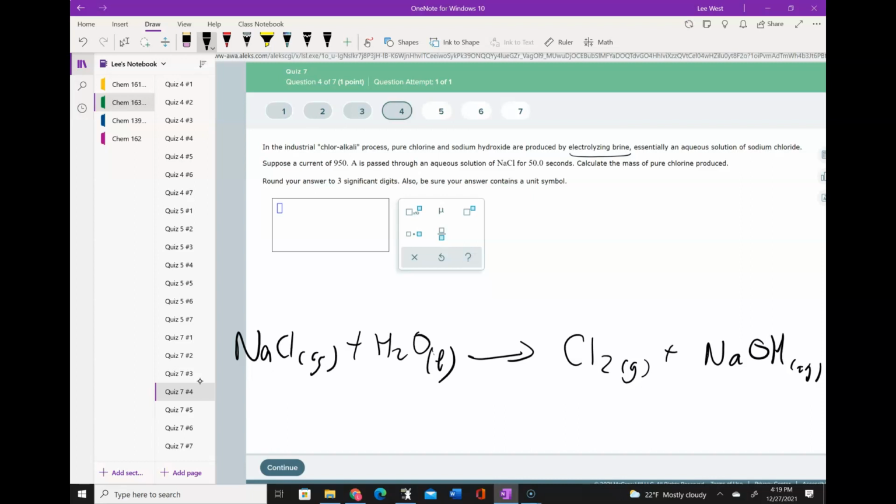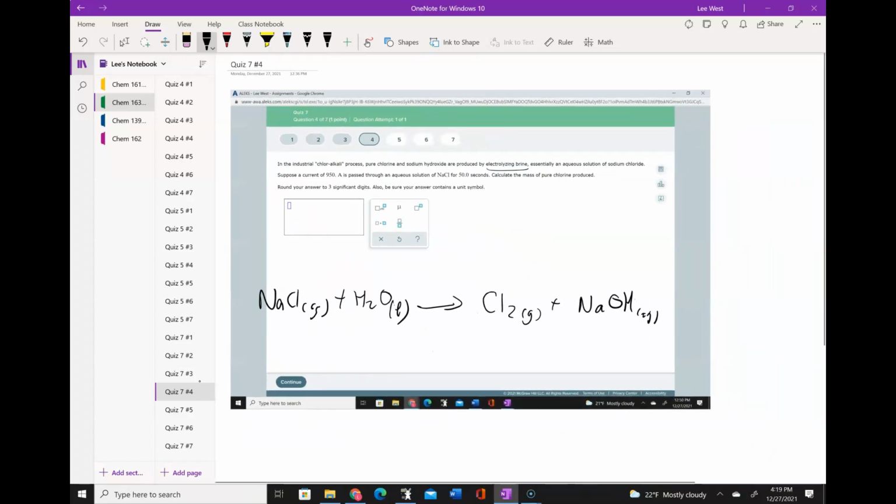Brine is salty water. And then we're going to run some electricity through it, and we're going to make, well, we can balance this if we need to. I'm going to make these guys, 2 of those. How's that look? Close. Feel like we've got an extra oxygen here.